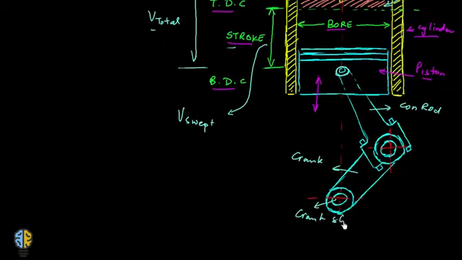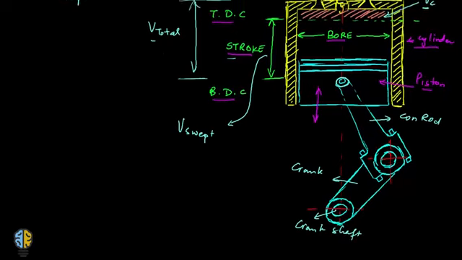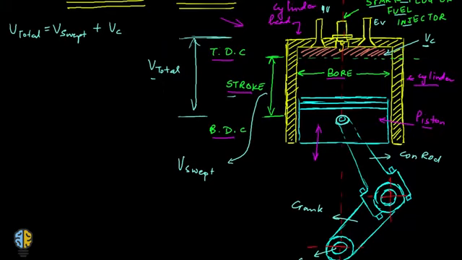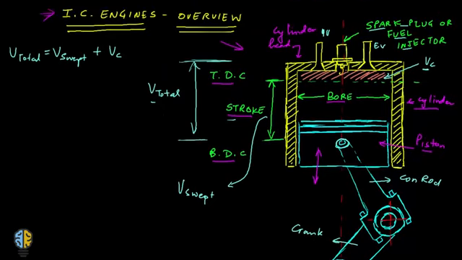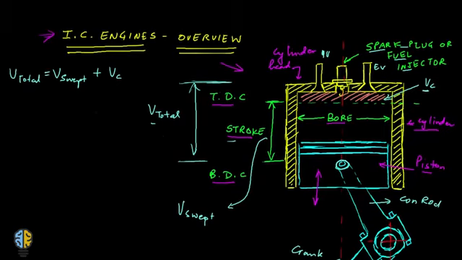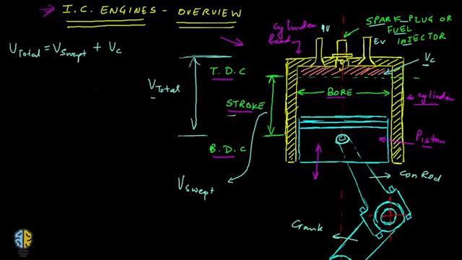I hope it's a good refresher for all of you to have a look at this basic diagram of a reciprocating IC engine. Now the swept volume is also called the displacement volume.